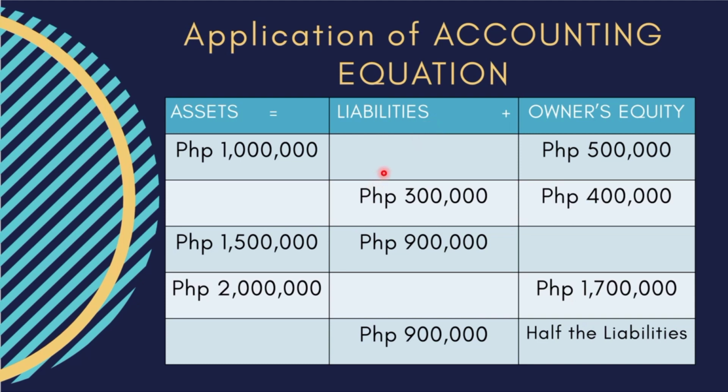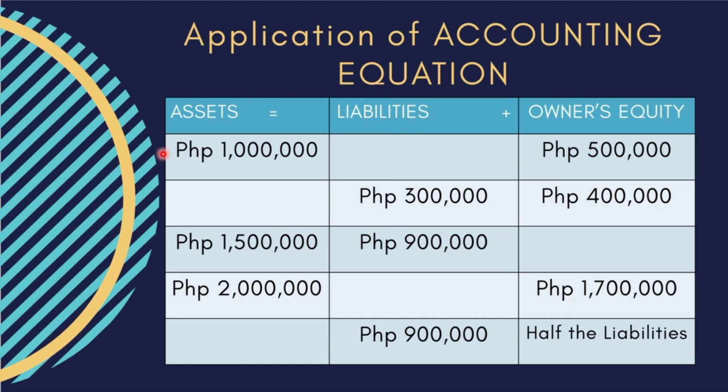We have three. First, assets equals liabilities plus owner's equity. Second, liabilities equals assets minus owner's equity. And the last one is owner's equity equals assets minus liabilities.